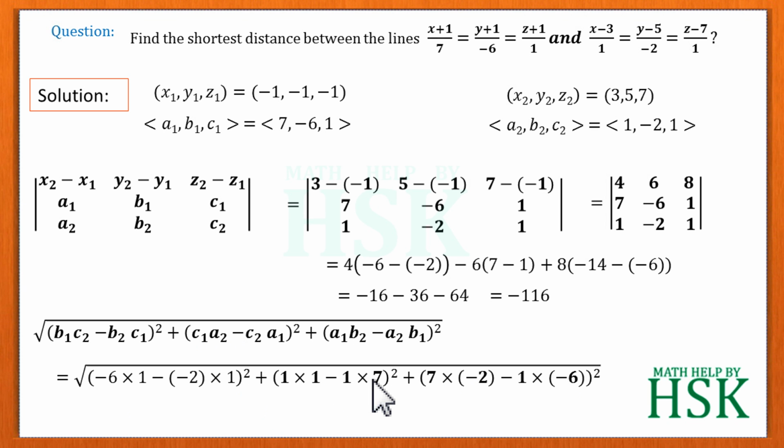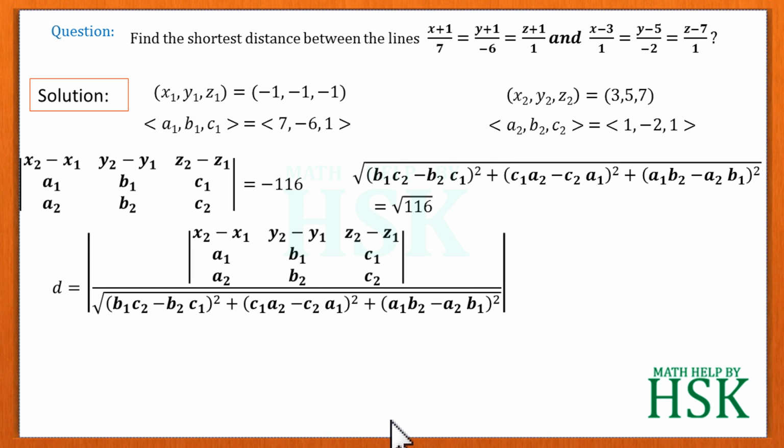Further, this will be -6 + 2 = -4, then 1 - 7 = -6, then -14 + 6 = -8. So this will be 16 + 36 + 64 as we have done here, which is the square root of 116.